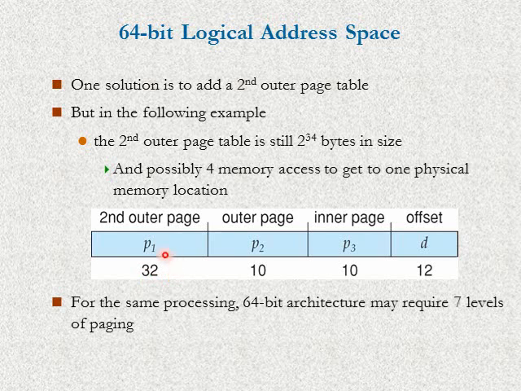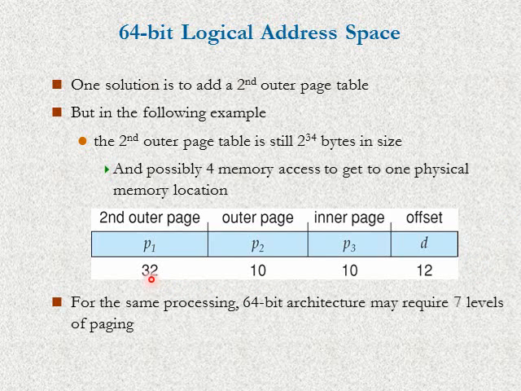So you can see that even after this much compromise on the number of entries in the second outer page, we may still require 4 memory accesses to get to one particular memory location. We have the second outer page, then the outer page, then the inner page translation, and at the end we get the offset, and we get a complete address in memory for a particular instruction.